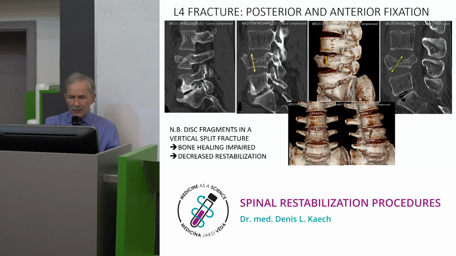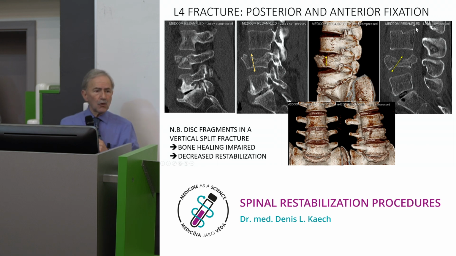Another one, I want to point at the arrow. You see, a vertebral split fracture, and there's been a fragment displacement over 2 millimeters and a crush, big comminution. And when you have here disc material and here disc material, if this disc material goes in the fragment between, this bone won't heal.